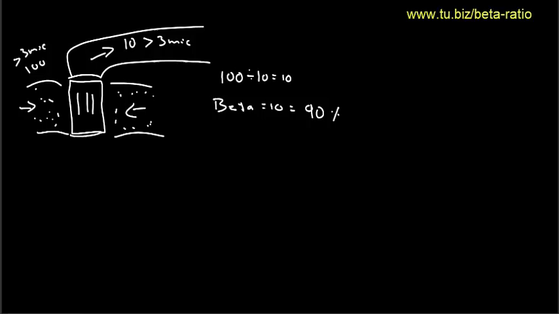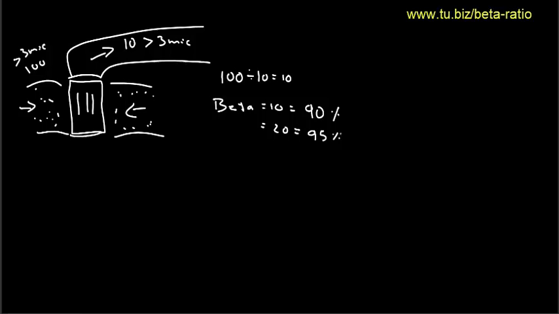So a filter of a beta ratio 10 gives you an efficiency of 90%. What if it was a beta ratio of 20? If you have a filter that has a beta ratio of 20, now you have an efficiency of 95%.